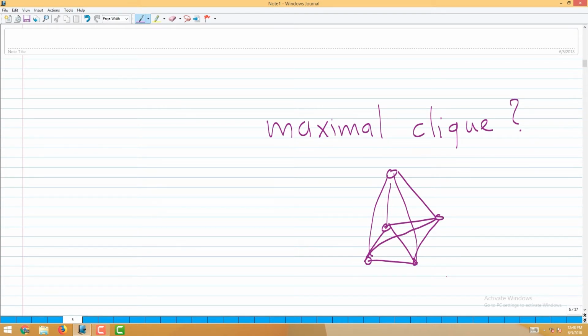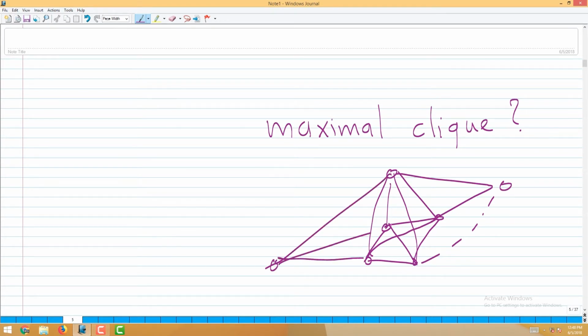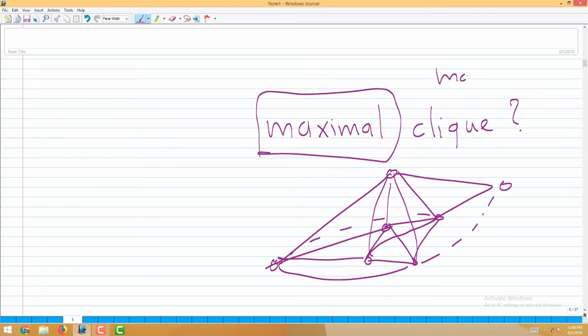That means it is maximal: you cannot make it bigger by adding a new one, because any other vertex may be connected to this and this, but not to this. So there won't be a new vertex which can be added such that the new graph is again a clique. Then we say that it is maximal, again maximal, not maximum.